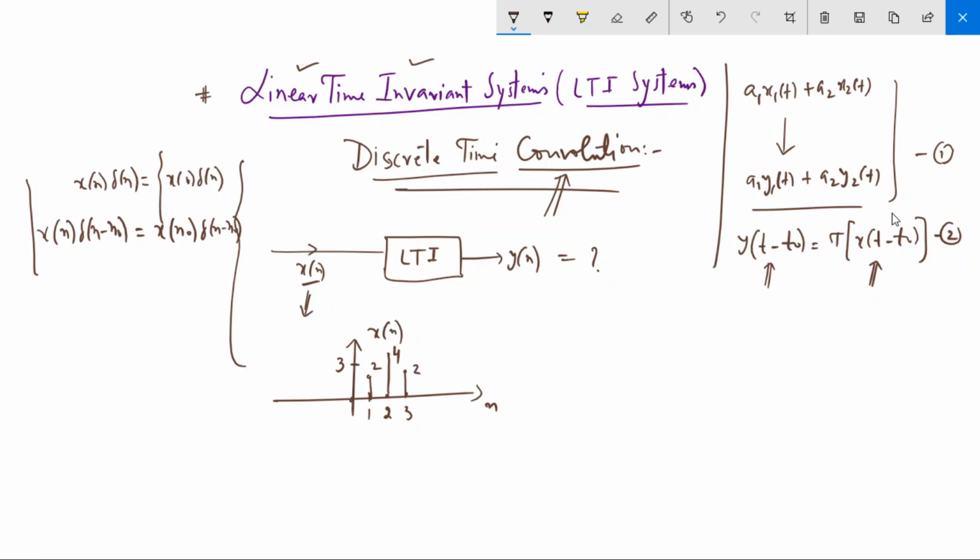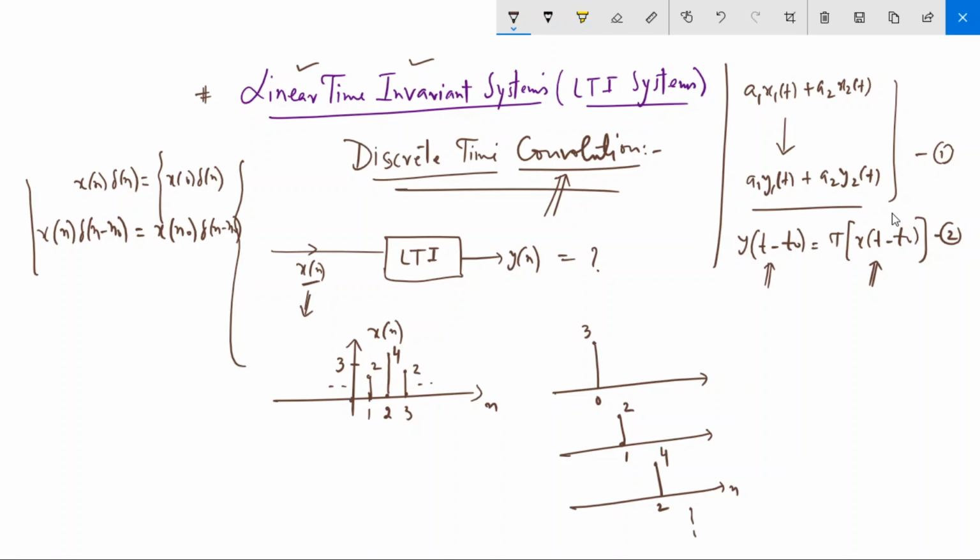Then it is 2, and so on, whatever may be the values. I can express this signal as a linear combination of different samples. Suppose I take only one sample at n is equal to 0, which has a sample value 3. Then I take another sample at n is equal to 1, which has a sample value of 2. Another sample at n is equal to 2, with sample value of 4, and so on.